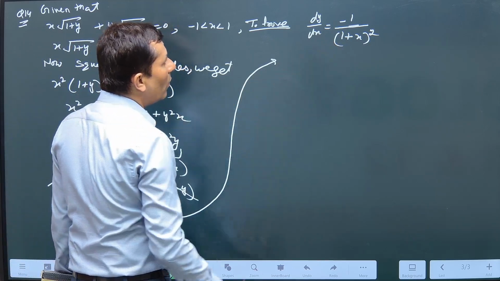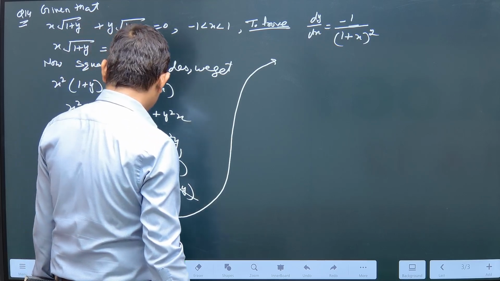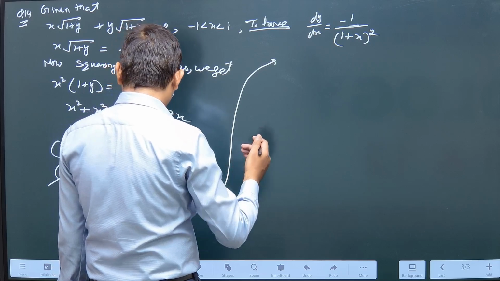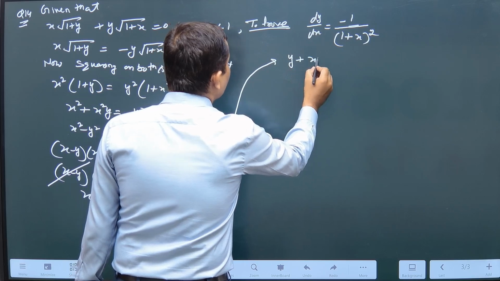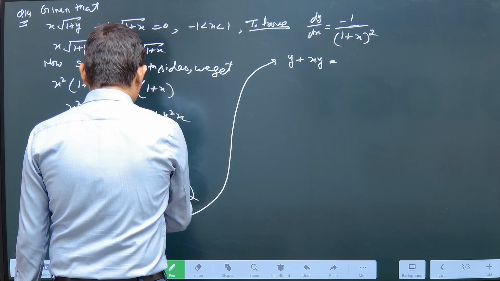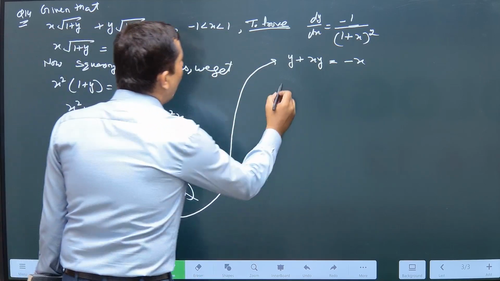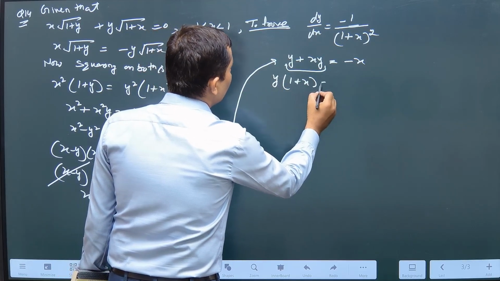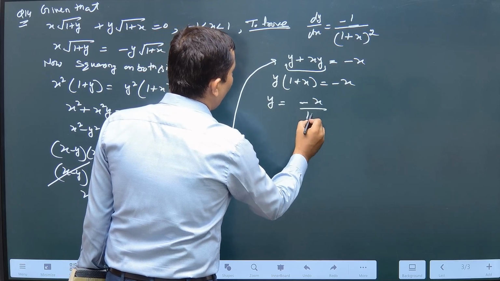What is required? 1 upon 1 plus x. See, one time. Then y plus xy is equal to minus x. Now take y common here, y times 1 plus x is equal to minus x, and your y is equal to minus x upon 1 plus x.